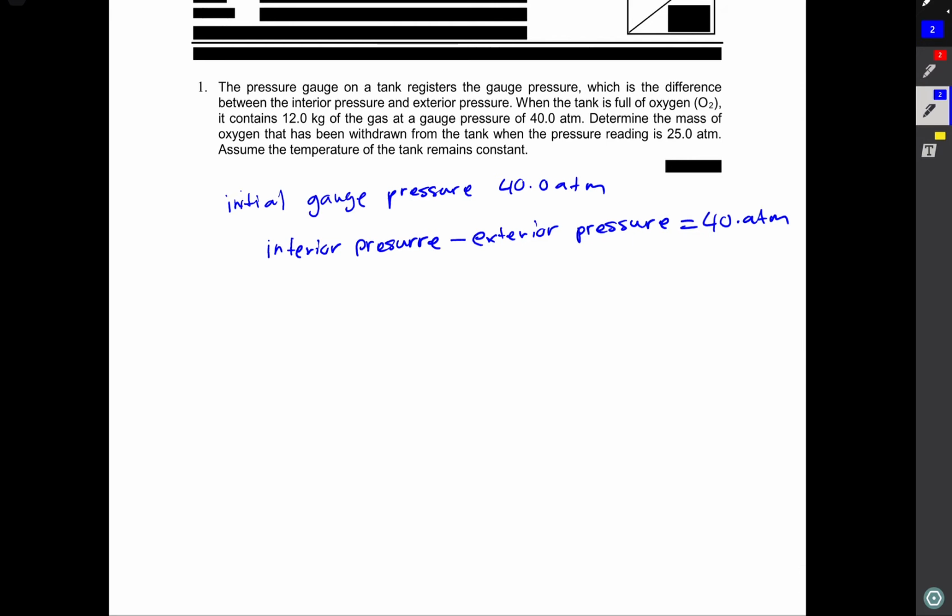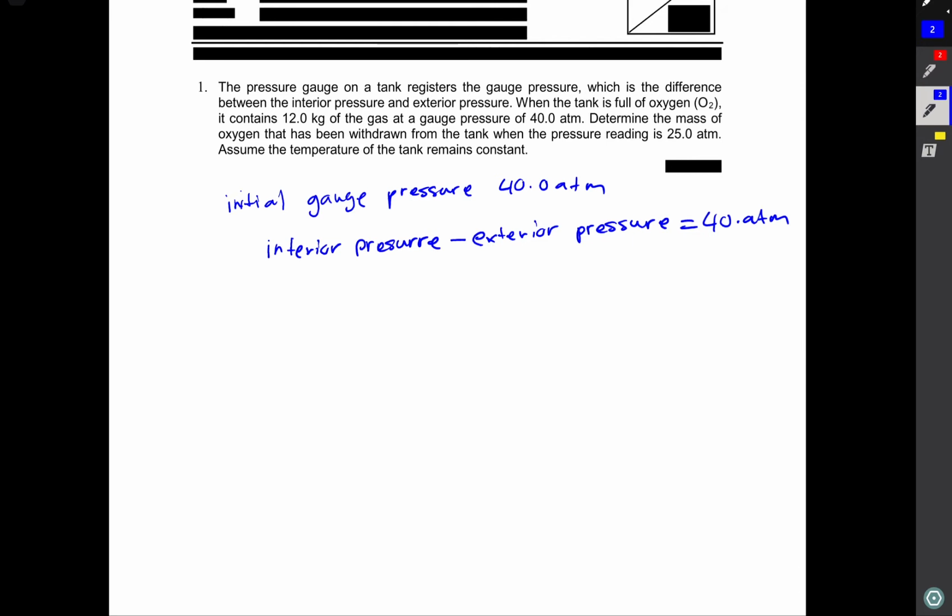So this 40 is the interior pressure minus exterior pressure, which equals 40 atm. The interior pressure is the one that we are looking for, to measure any state of a system.